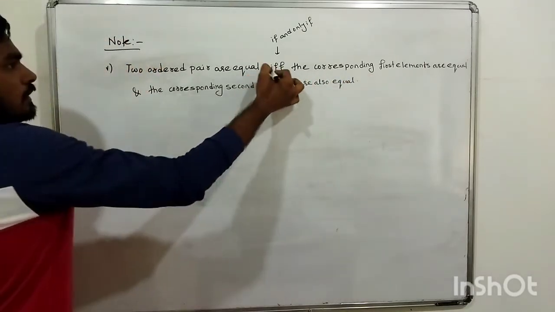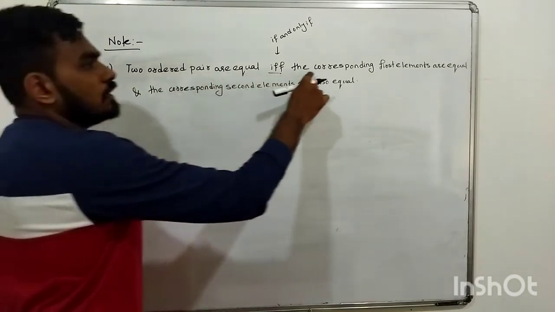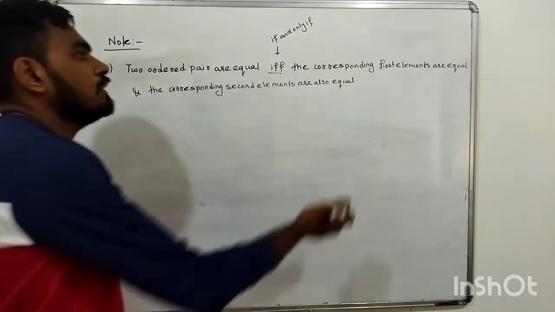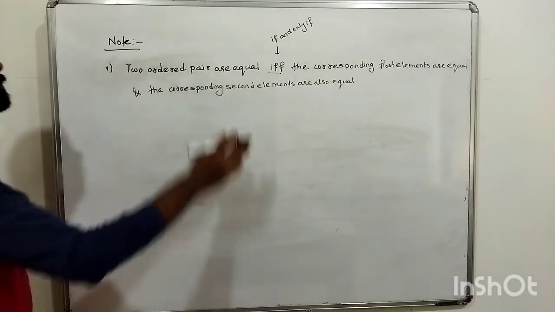So what is the meaning of if and only if? It means if two ordered pairs are equal, then the corresponding first and second elements are equal. And the other way also, if the corresponding first and second elements are equal, then the two ordered pairs are also equal.